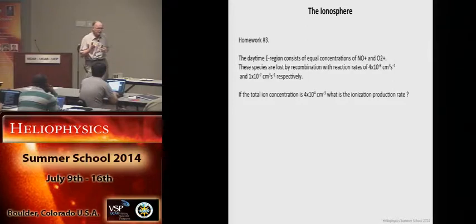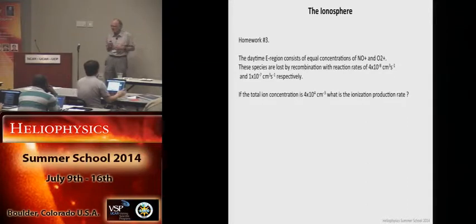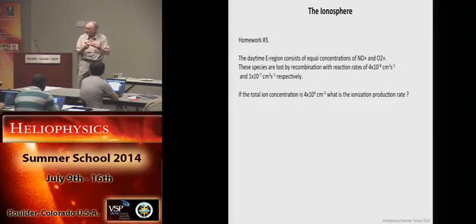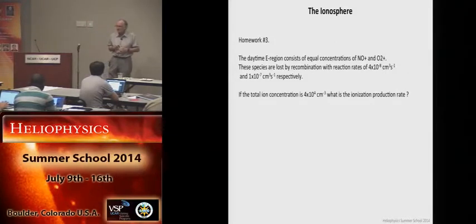So from this simple understanding of the equilibrium between production and loss, you can derive one parameter that's very hard to determine, the production rate, by just knowing the total density, which is fairly easy to measure, and discovering in the lab what the reaction rates are for the recombination.